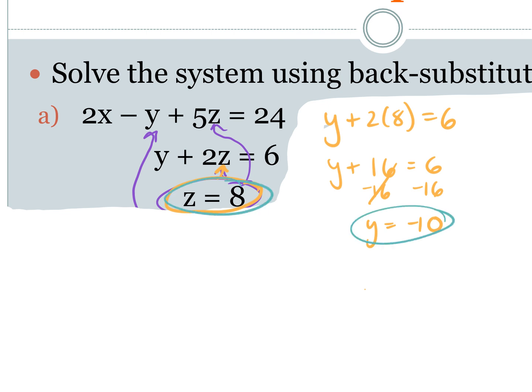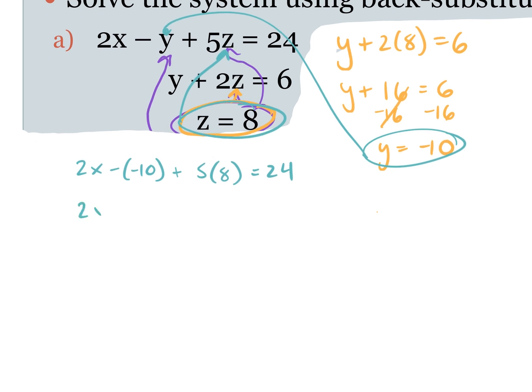Z and y? Yes. So 8 is going to go into z. Negative 10 is going to go into y. So we have 2x minus negative 10 plus 5 times 8 equals 24. So 2x plus 10 plus 40 equals 24. 2x plus 50 equals 24. What do we do next?